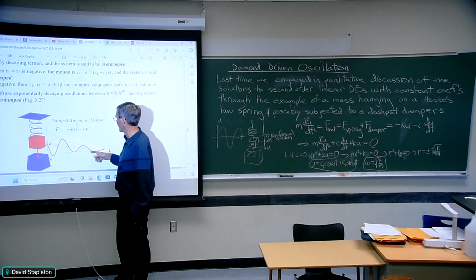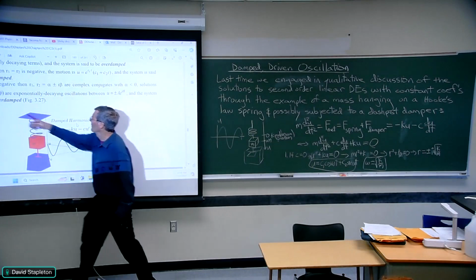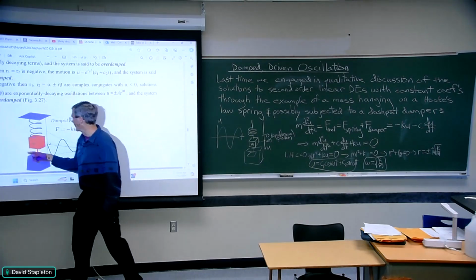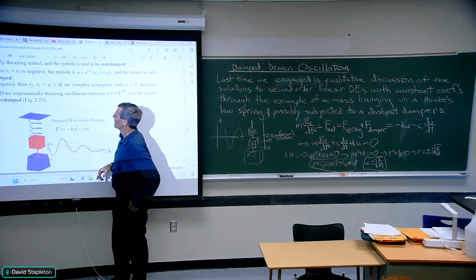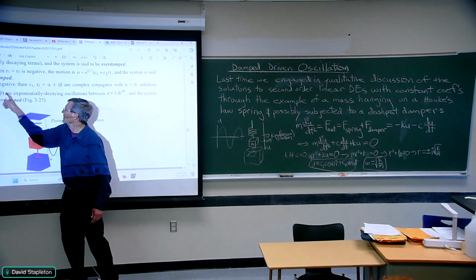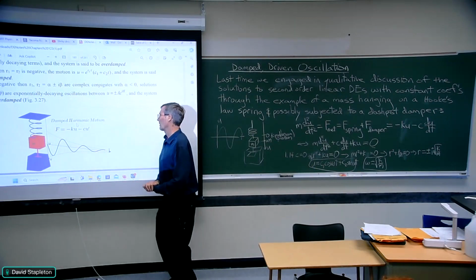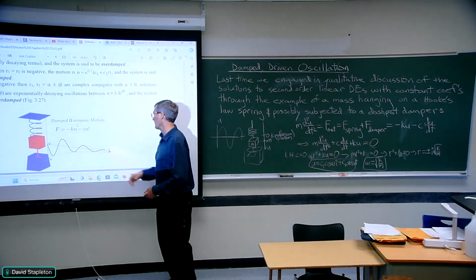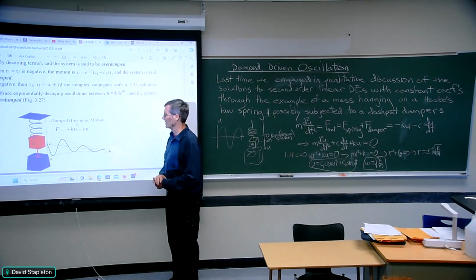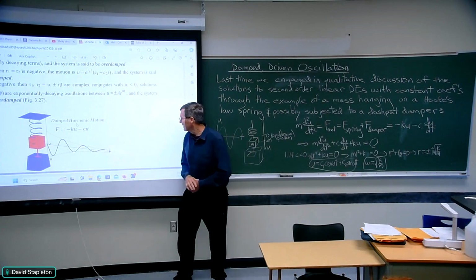So it oscillates up and down between e to the alpha t and minus e to the alpha t, because sine goes up and down between plus and minus 1. And so the car goes up and down and gradually settles down in the middle. And that's maybe what you want to save your back in the first place, right? So it's not too big a shock.